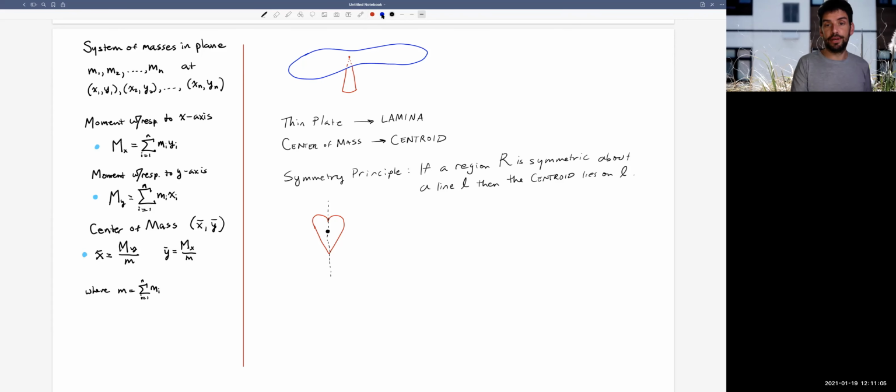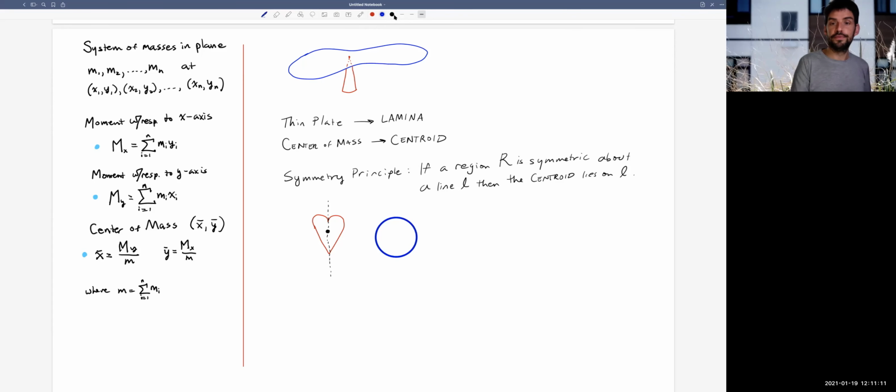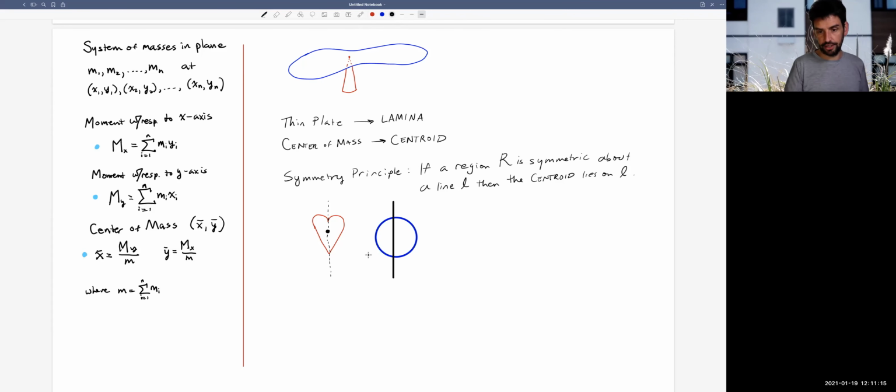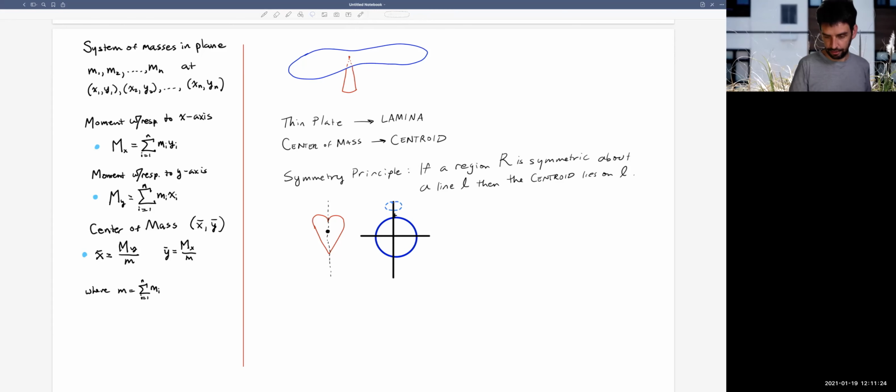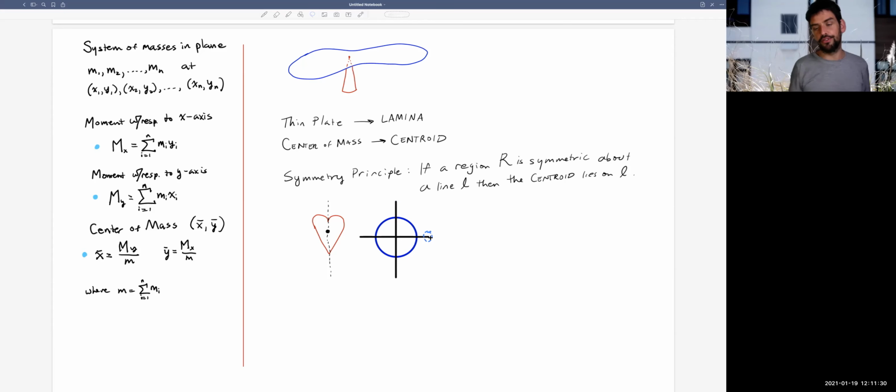If you have a shape like a circle, it's pretty easy to see that a circle is symmetric. Again, we have to pretend that I've actually accomplished drawing these. Let's see if this works. There we go. That's a little closer to the center, right? So the circle is symmetric over both of these lines.